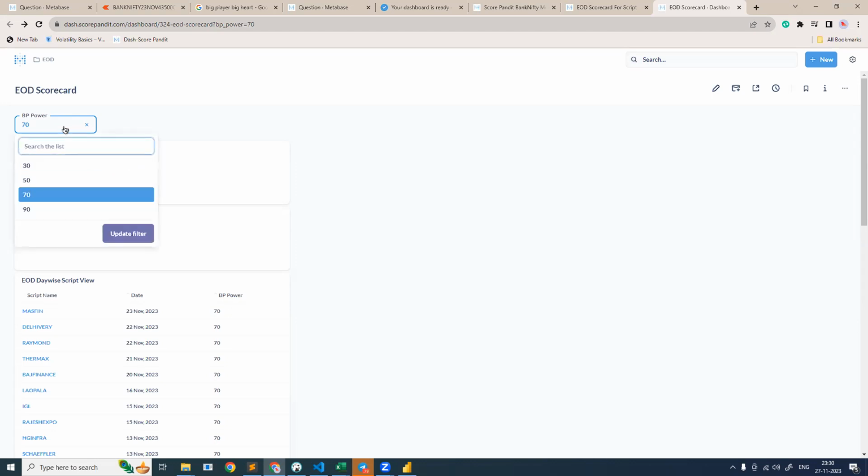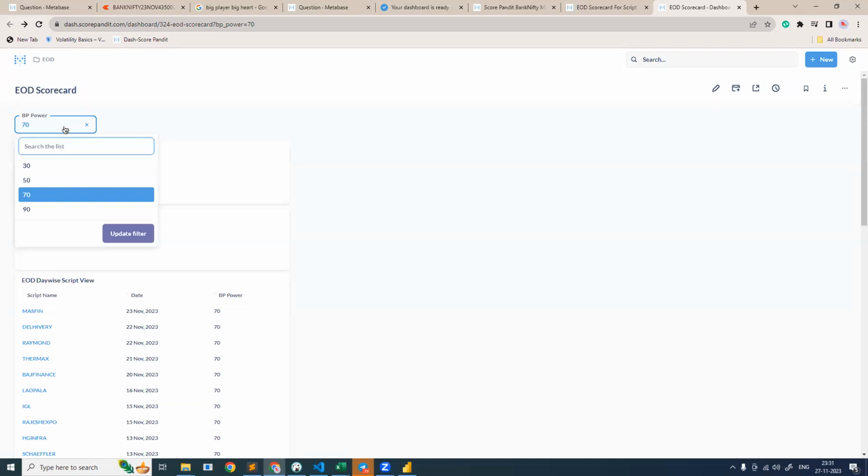Now, what is EOD scorecard? EOD scorecard is a scoring mechanism by Score Pandit wherein all the activity that has happened in the stock, all the buying, selling, deliveries, and in the futures and options if it is an FNO stock, or if it is a non-FNO stock, then everything that has been the trading for that particular stock, the behavior of the stock in the whole day, we try to rate a score.